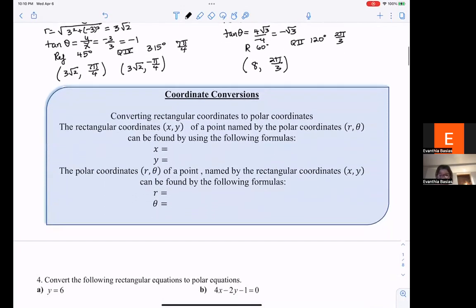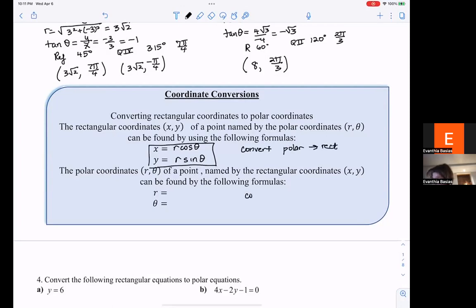So for coordinate conversions, we have to remember that x equals r cos theta and y equals r sine theta. And we will be using this a lot when we want to get the derivative of a polar curve. Again, we use this to convert polar into rectangular.